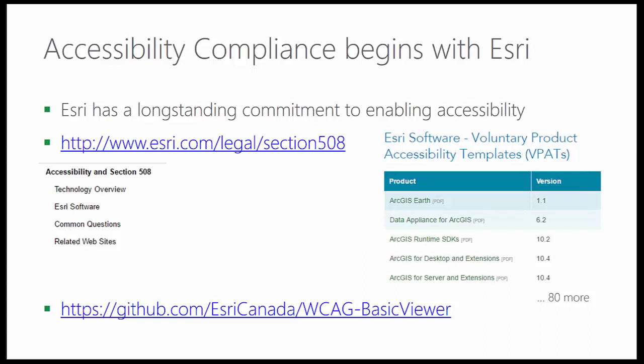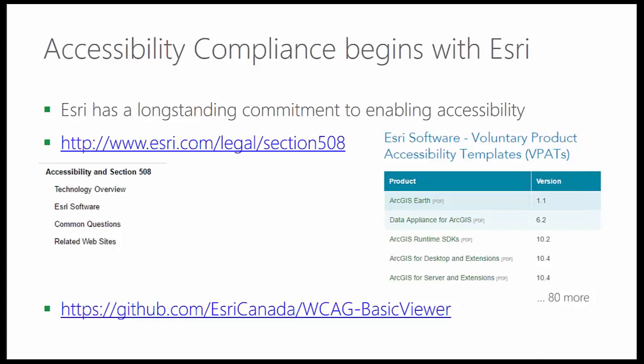In the United States of America in particular, there's something called Section 508 that defines a lot of the governmental compliance for accessibility. And on this section of Esri's website, you can see these accessibility templates. They're little reports that tell you how the various technologies measure up. There's about 85 different reports there.